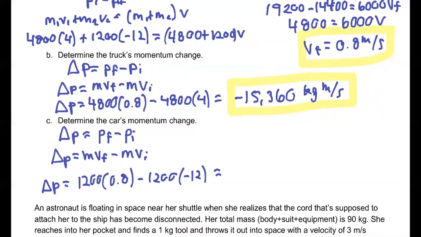When I multiply those and add them together, this gives me 15,360 kilogram meters per second. The cool thing about this is that the changes are the same but in different directions, so my change in momentum total for the entire system is 0.